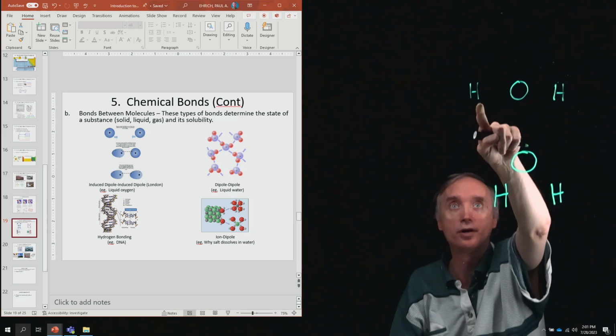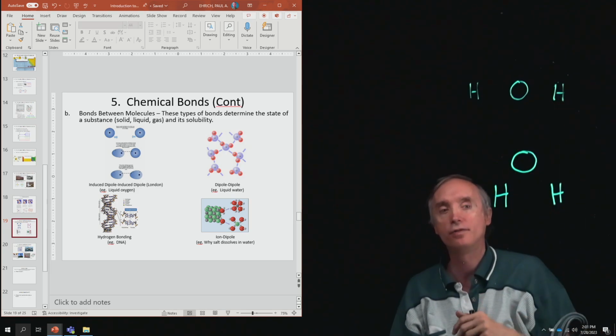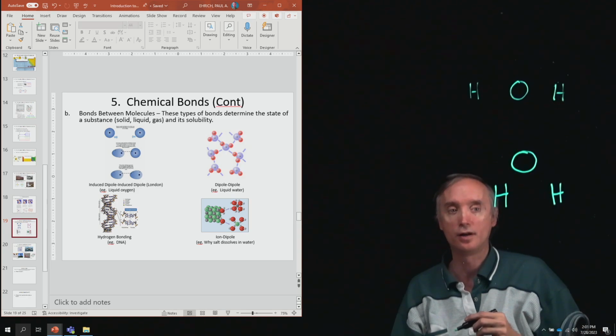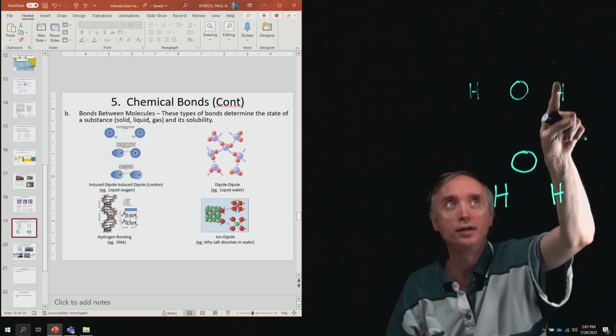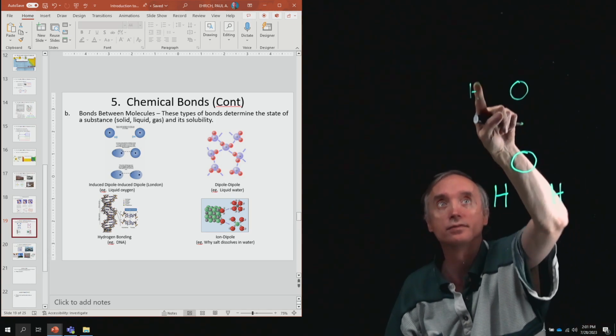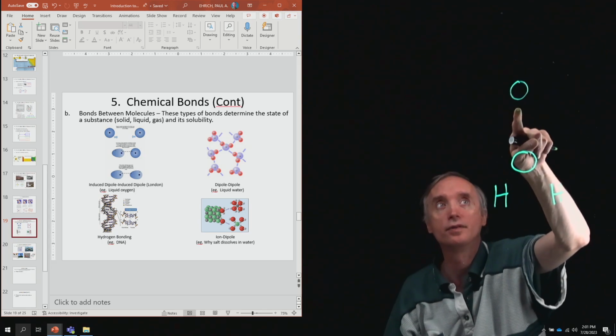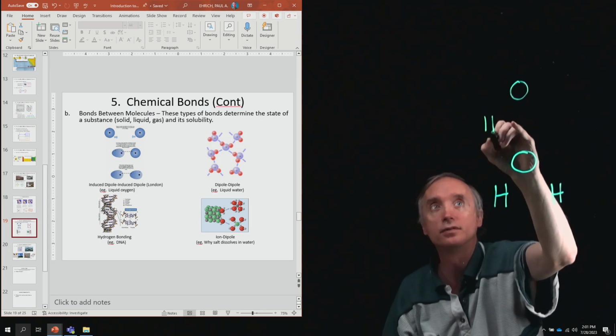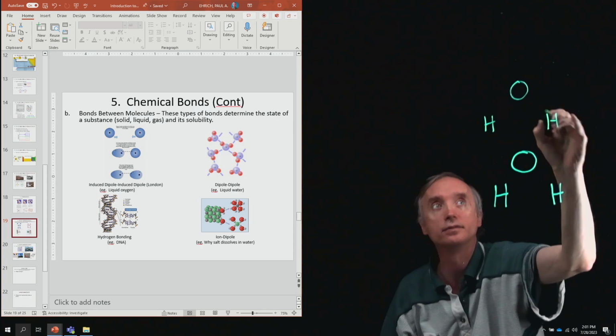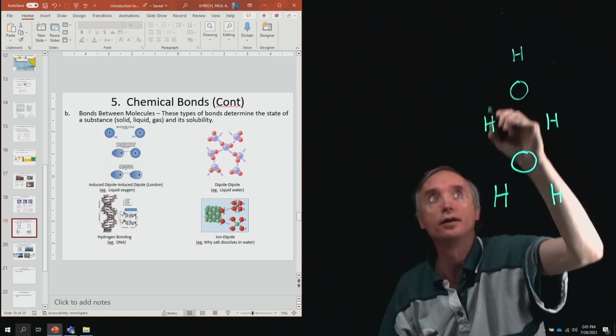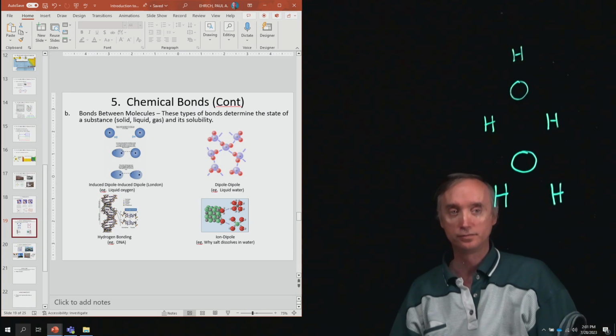So you'd want to put them on opposite sides. What if you had 3 charges? If you had 3 things that you wanted to surround the oxygen with, this isn't right, but this is what it would look like. It would be a triangle.